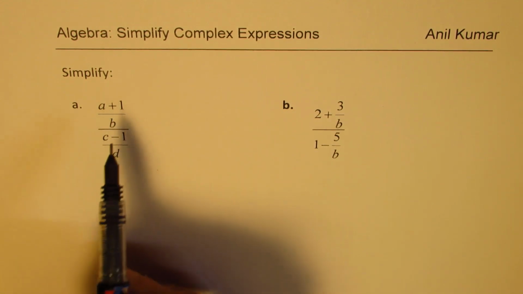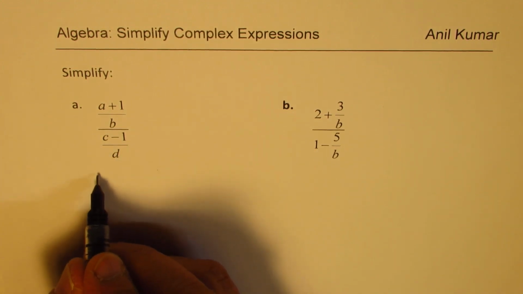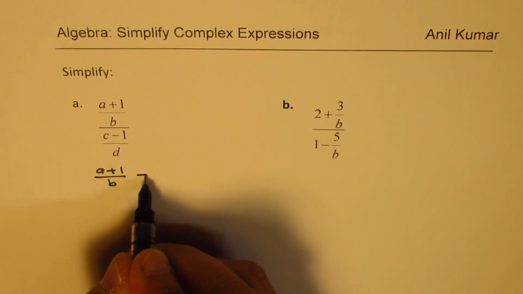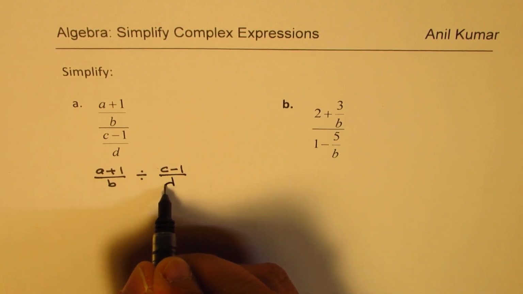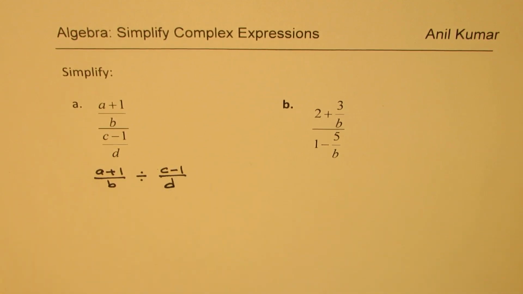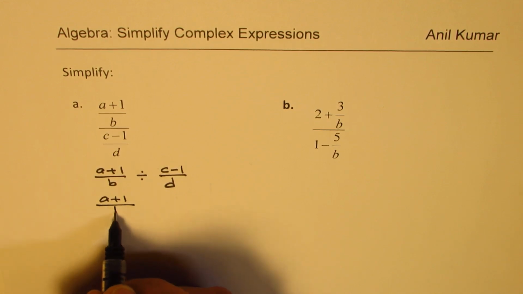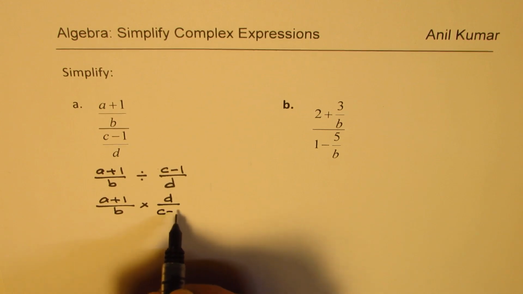So the very first one, a plus 1 over b divided by c minus 1 over d, could be written as a plus 1 over b divided by c minus 1 over d. Correct. Now divide and multiplication are reciprocals. So normally we do not write divide, we replace it with multiplication. So we could write this as a plus 1 over b times d over c minus 1.